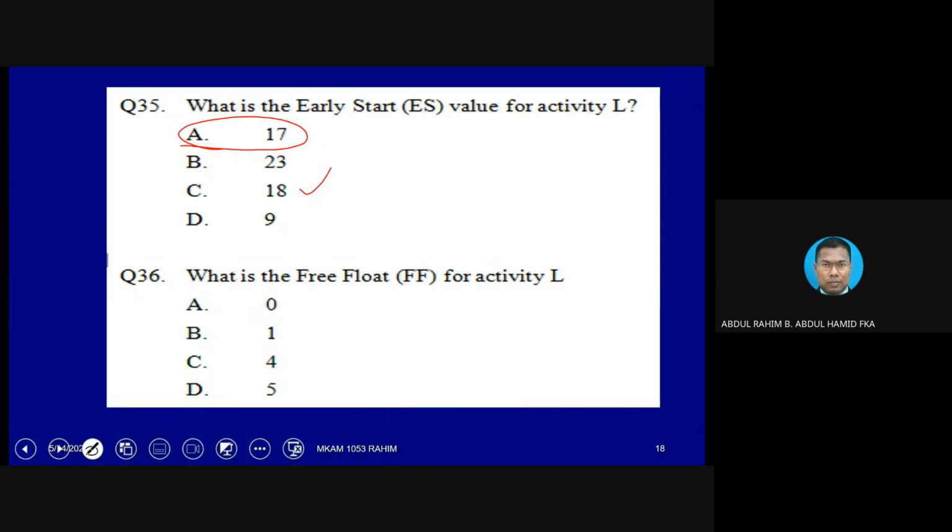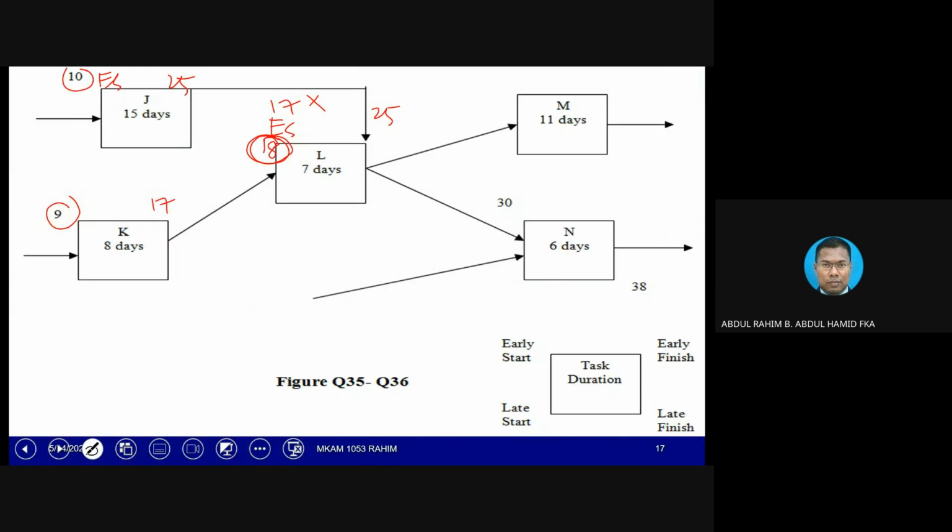Okay, then for instance, another question. We want to know the free float for L. What is the free float for L? Again, you notice that L is connected to M and then N. The early start of N is given as 30.